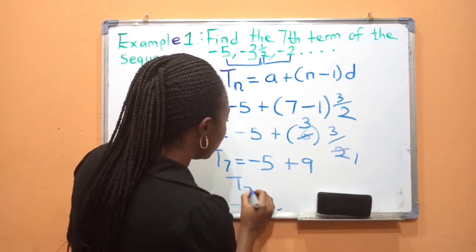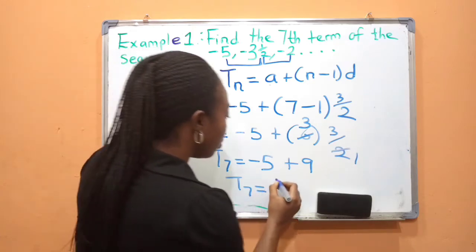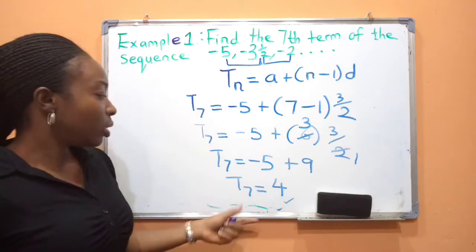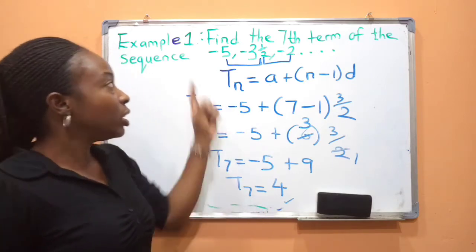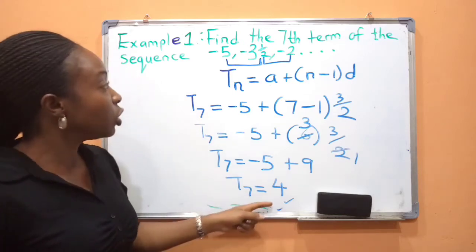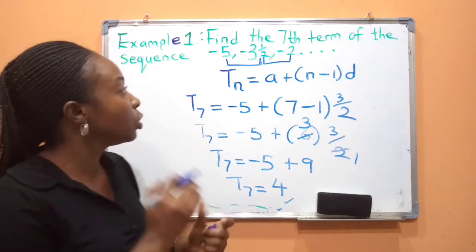So T7 is going to be equal to 4. That means the seventh term in this sequence is 4. That's what it simply means. So 4 is going to occupy the seventh position.